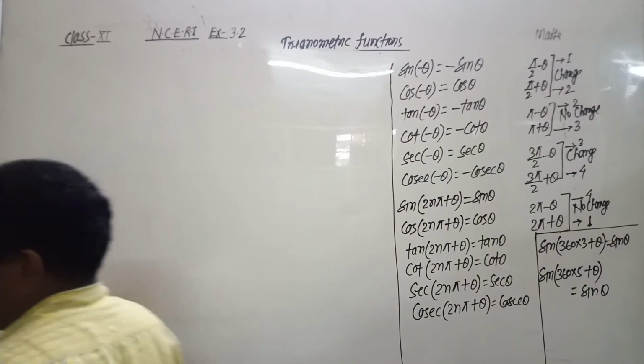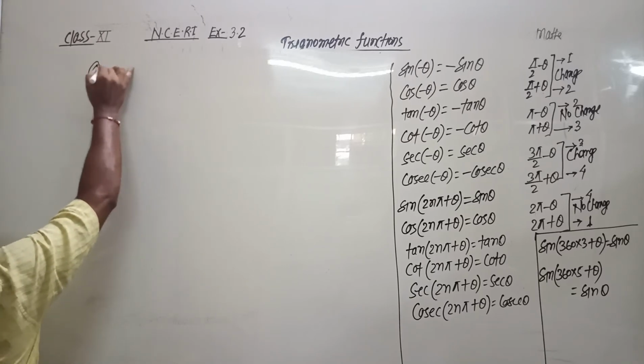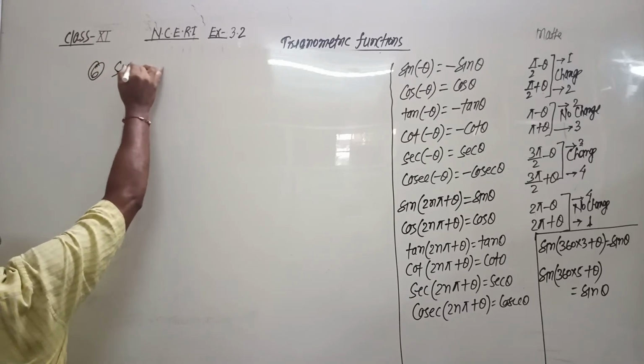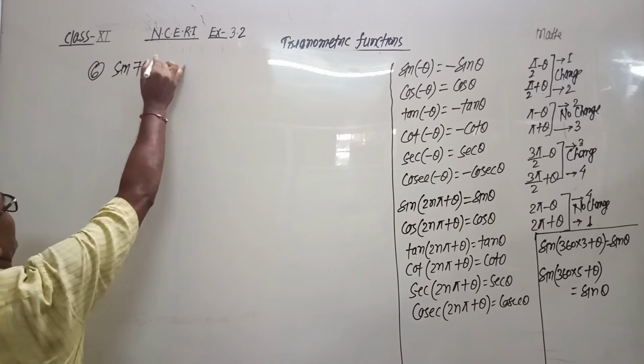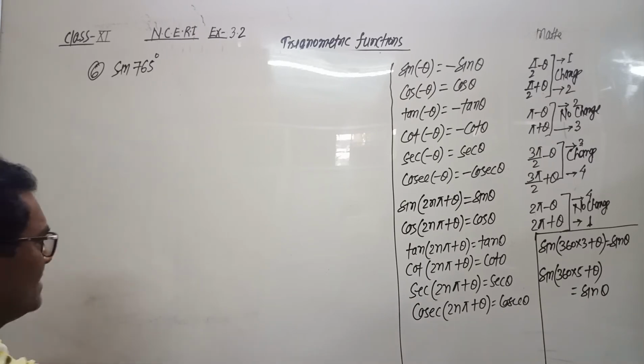Now we discuss question number 6. There is given sine of 765 degree. We have to calculate the value of sine 765 degree.